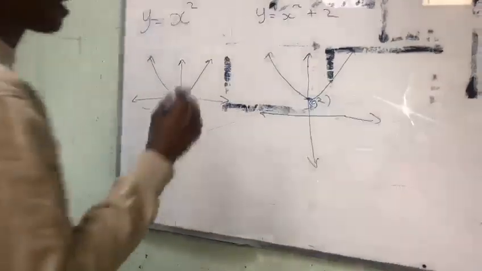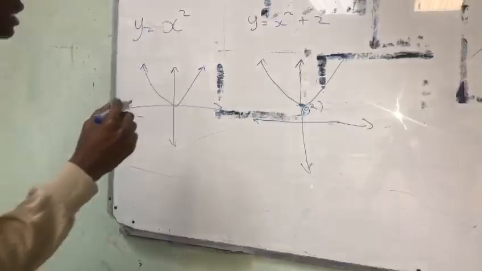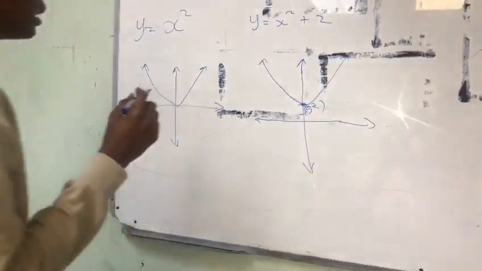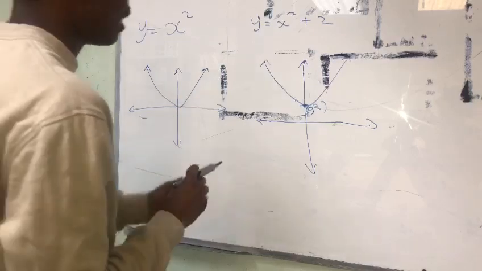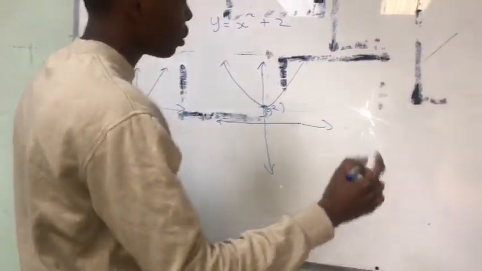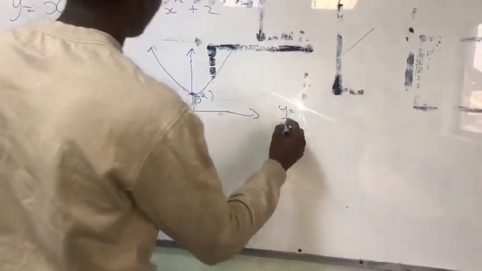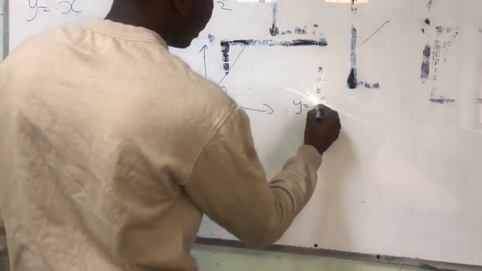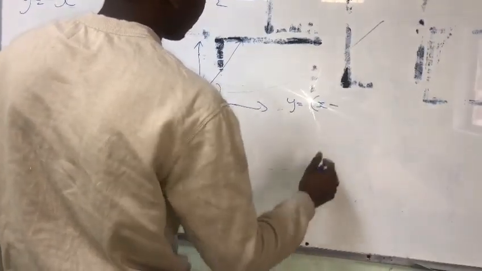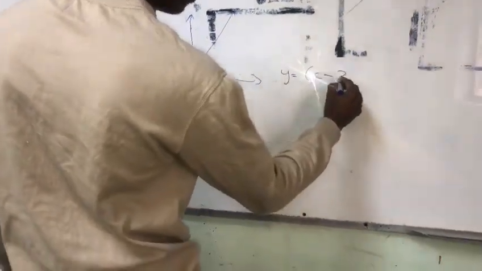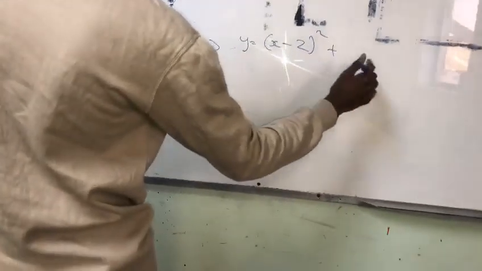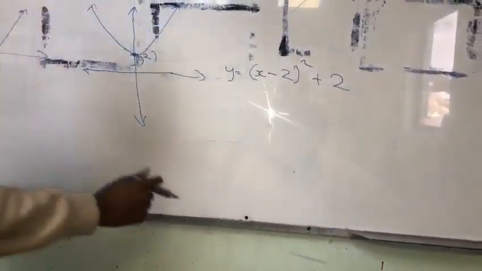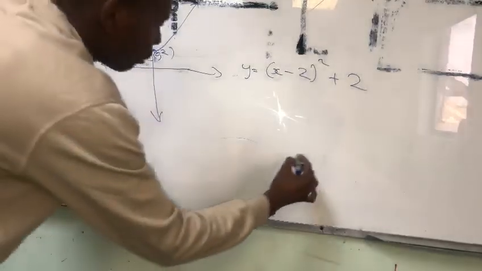Then if our graph changes, let's say we have the equation of y is equal to x minus 2 squared plus 2, right? Our graph will be like this.